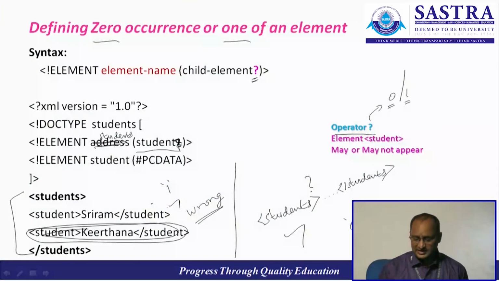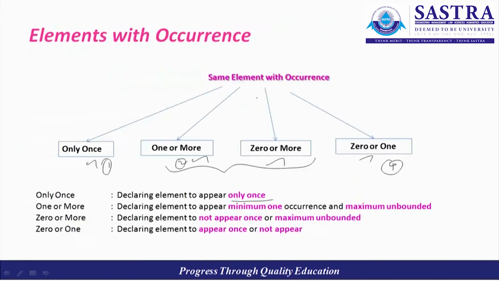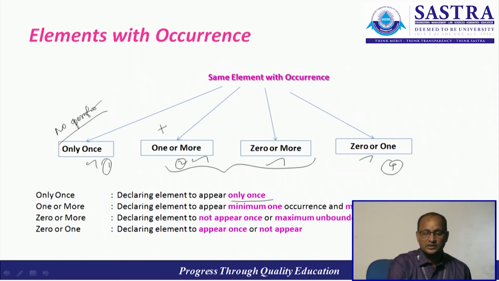So in our example, we have learnt the three operators. One is, as I have mentioned here, exactly only once, in the sense no operator required for this, and one or more we have the operator plus, 0 or more we have asterisk, and 0 or 1 we have the operator question mark.